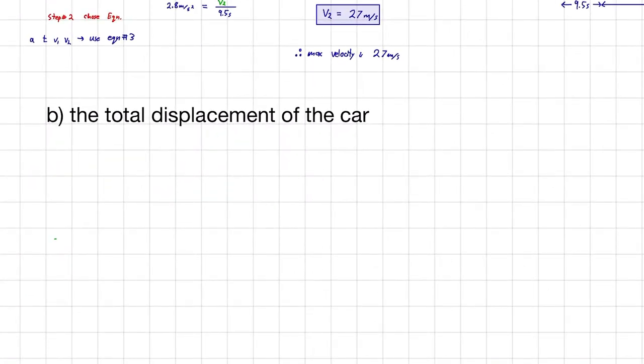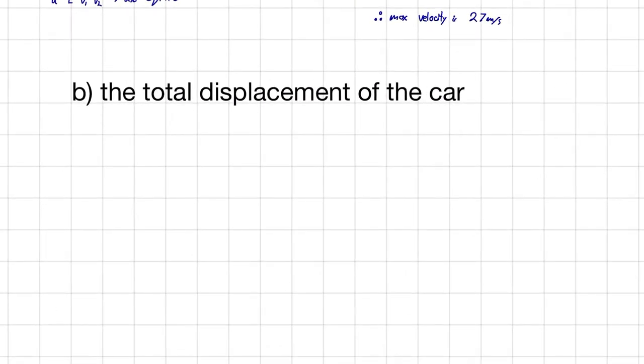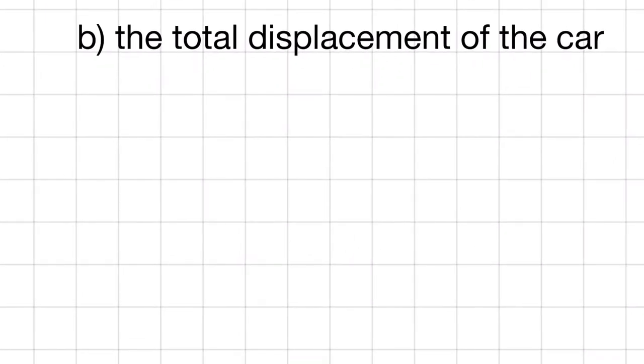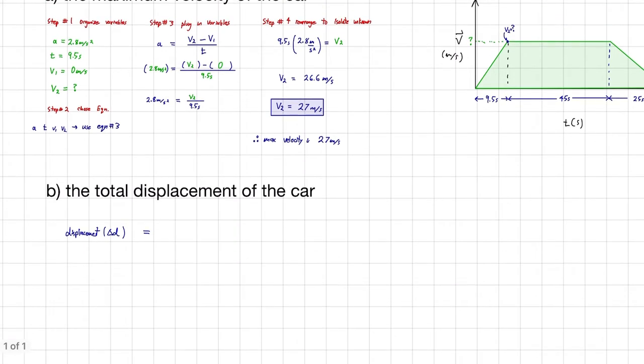Moving on to part B, the total displacement of the car. So what do we know about the displacement? We know that the displacement, delta D, is equal to the area under the curve of a velocity time graph.